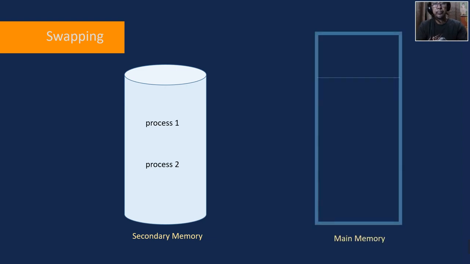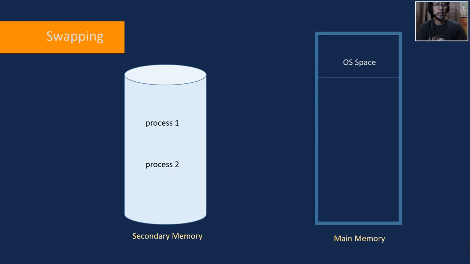So here, this is our main memory. You have to understand that I just enlarged the main memory, but in reality, your secondary memory is usually much bigger in size compared to main memory. But anyway, in your main memory, a certain portion is allocated for your OS, so it cannot be used.